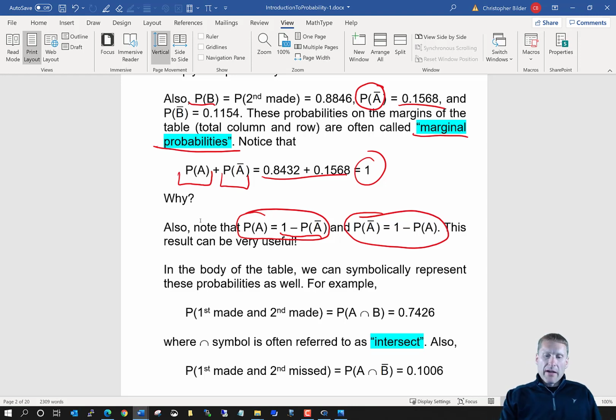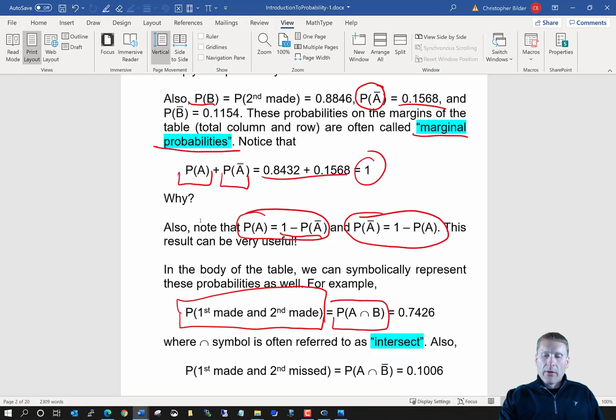Now, in terms of the body of the table, we can write out the probabilities in this form. The probability that the first was made and the second was made, we've already found to be 0.7426. And this just represents a symbolic way to denote it.